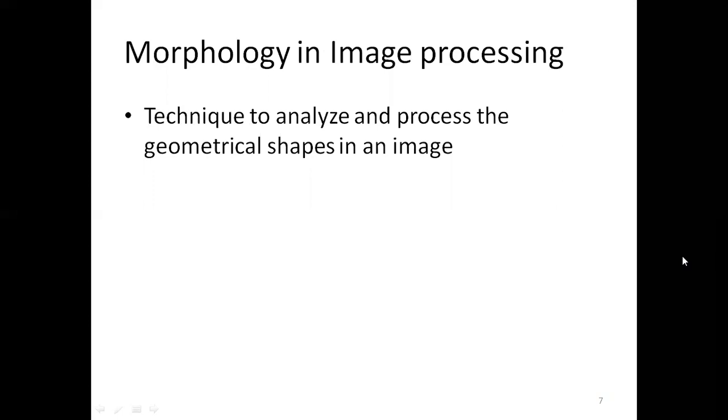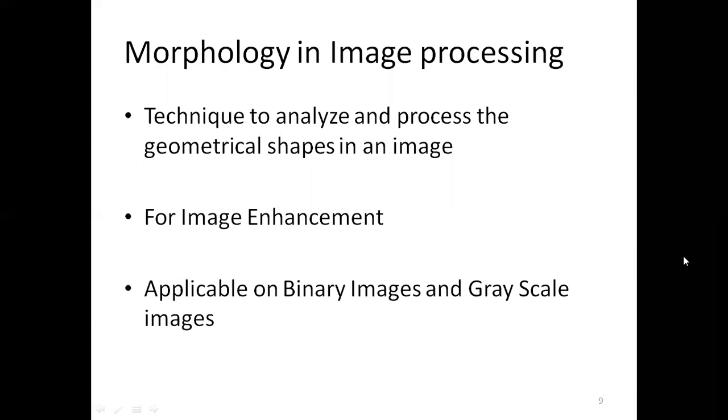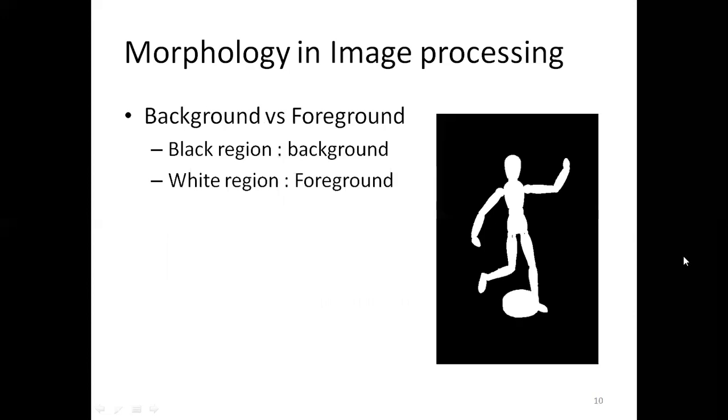So these operations are mainly performed for the image enhancement part, and these operations can be applied on binary images and grayscale images mainly. As we are discussing binary images, one concept here needs to be cleared first. On the right side we have one image. It is a segmented image.